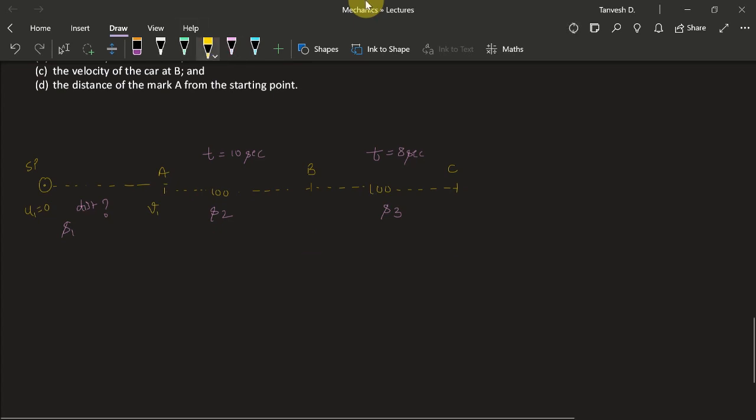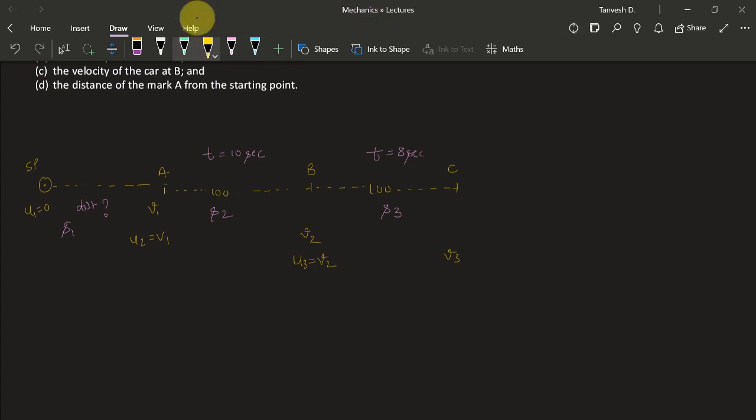Let me write it correctly. So this has to be u2, which is equal to v1, and this has to be v2, right? And this is u3, which is equal to v2, and finally this is your v3. Fine. So this is your s2 and s3.